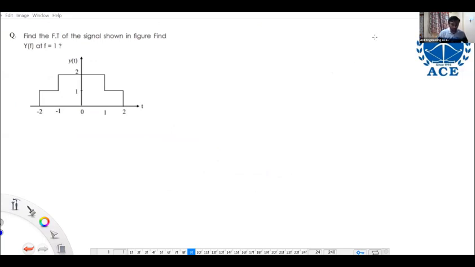The question asked is what? After finding the spectrum, we want the value at f equals 1. F value 1 means what is the equivalent omega? 2 pi. F value 1 means omega is 2 pi.